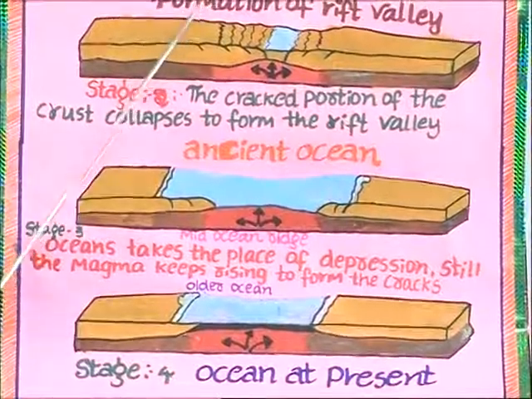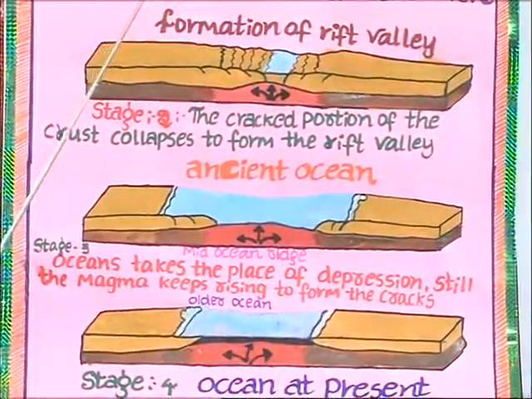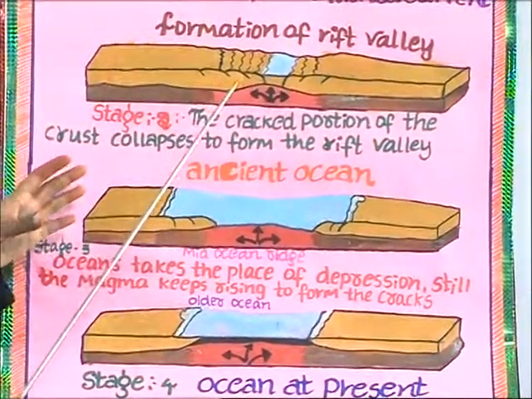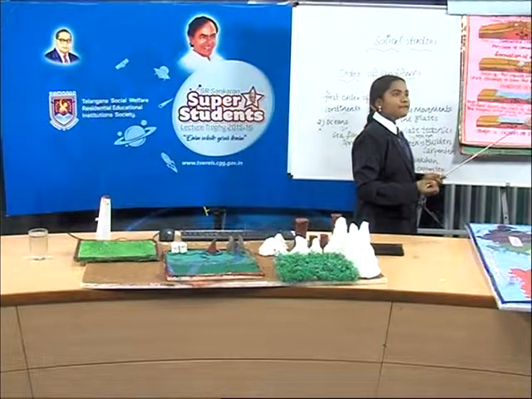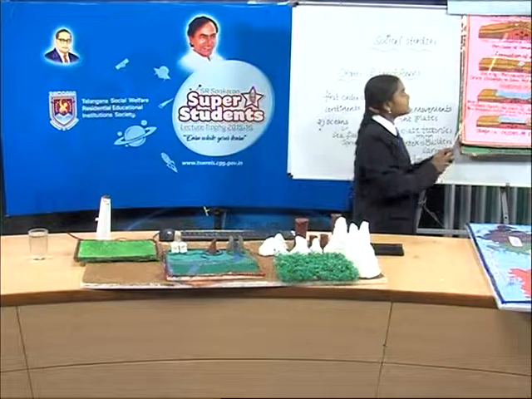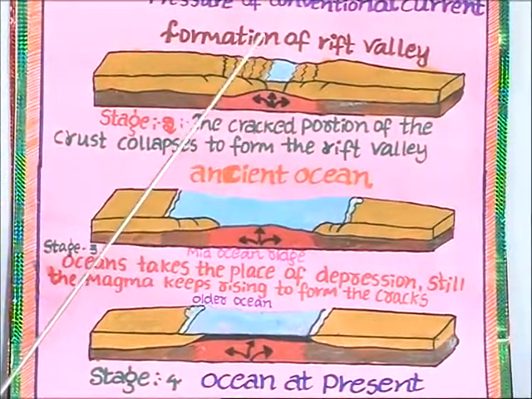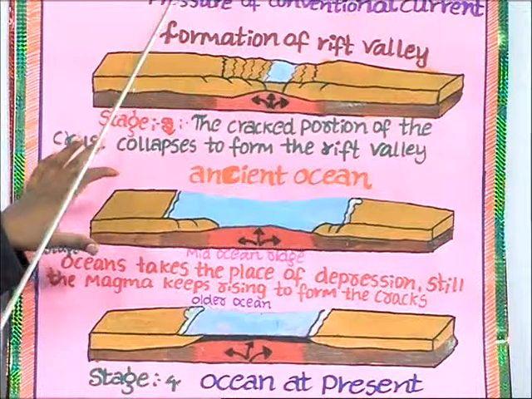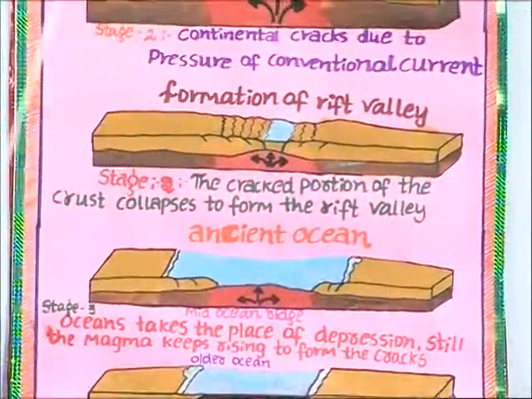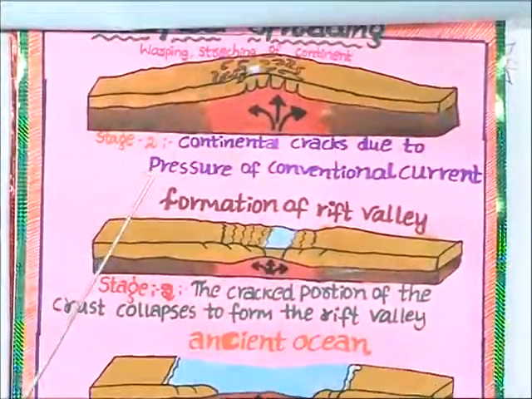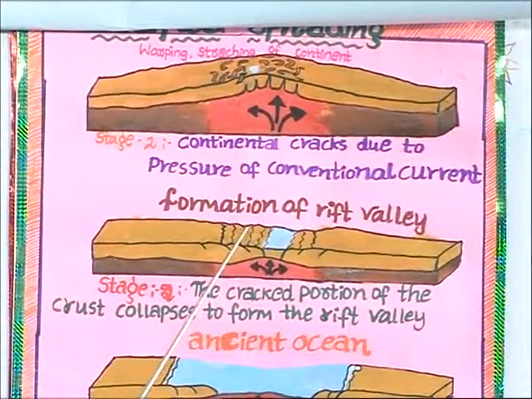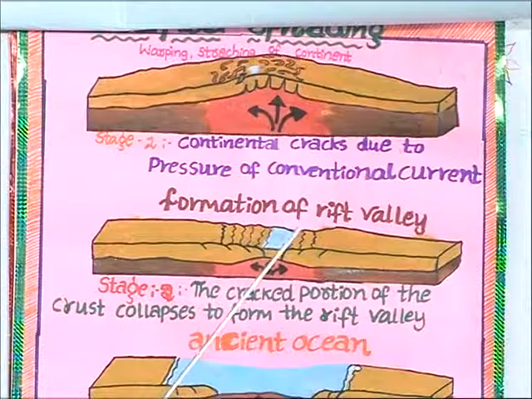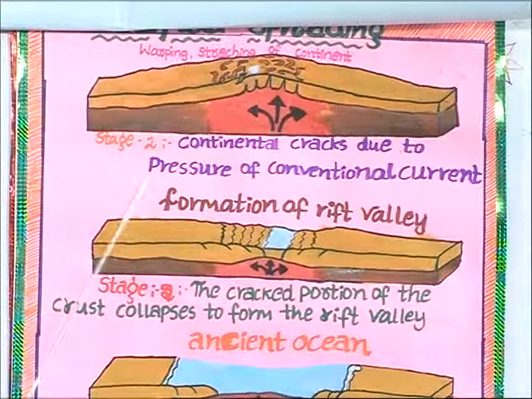After the cracks appear due to the rising of the lava, the cracked portion collapses due to the high force of the rising lava. After collapsing of the cracked portion, the rift valley is formed. See here friends, this is the rift valley.